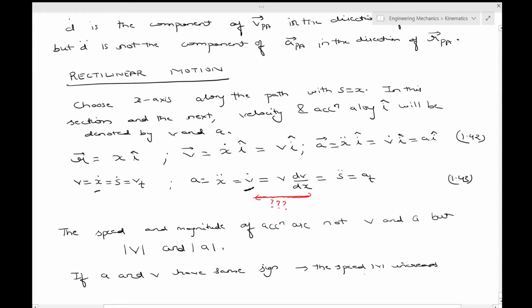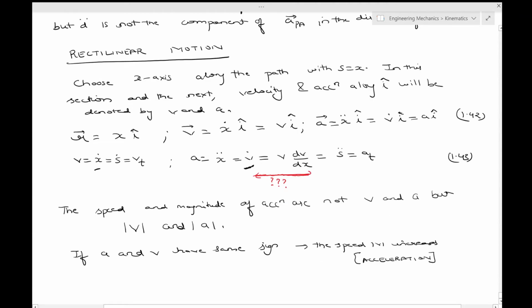This is called acceleration. If a and v have opposite signs, then the speed |v| decreases. This is called deceleration.